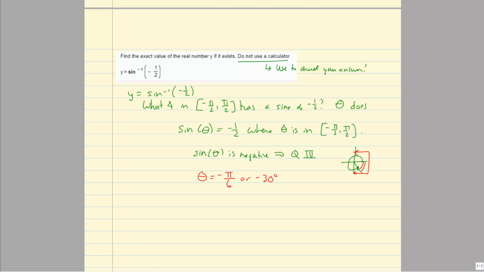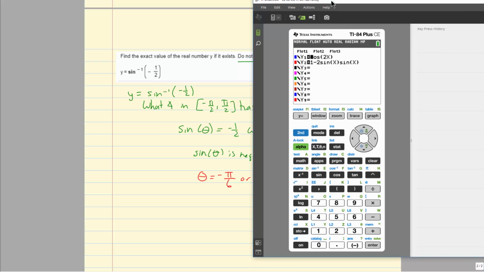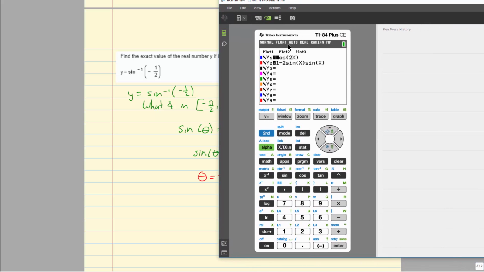Well, how could we evaluate this on your calculator? On your calculator, we have the inverse sine functions right above sine, cosine, and tangent. So let's go ahead and go to our home screen. And here's our inverse sine, so I'll go second inverse sine, and I put in a -1/2.